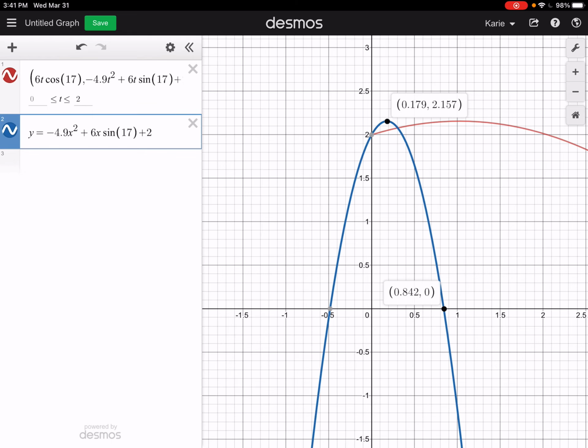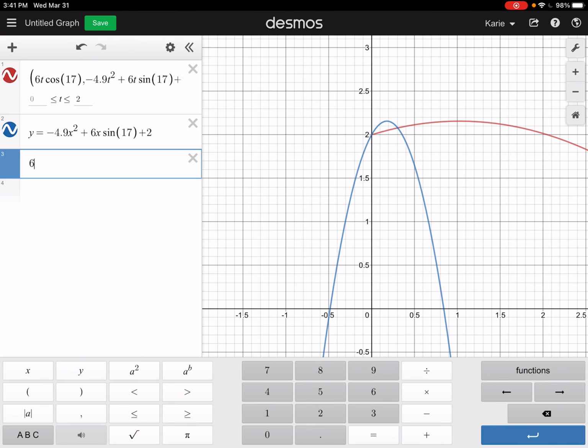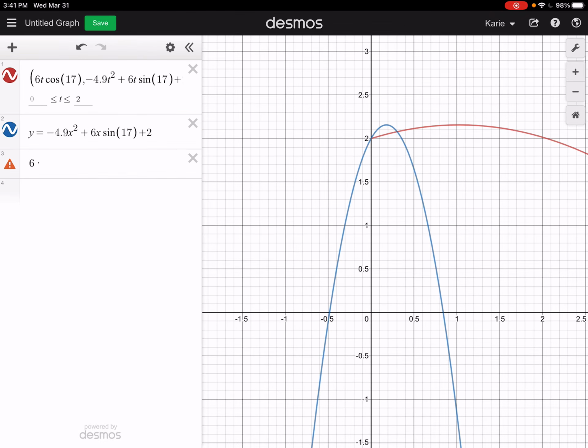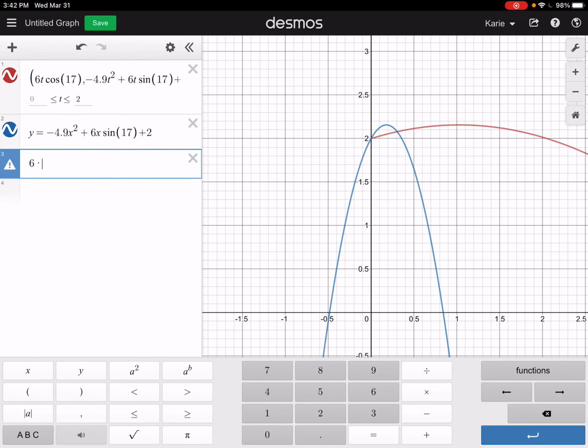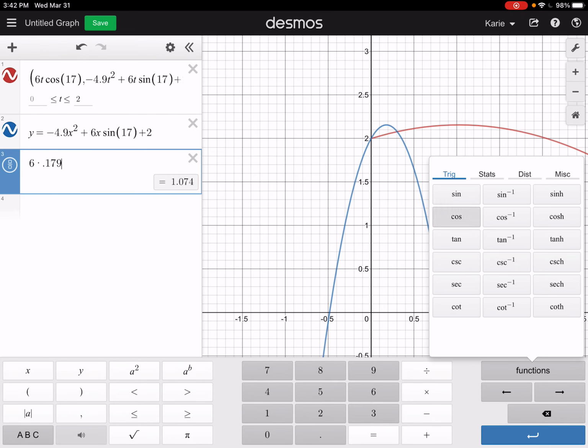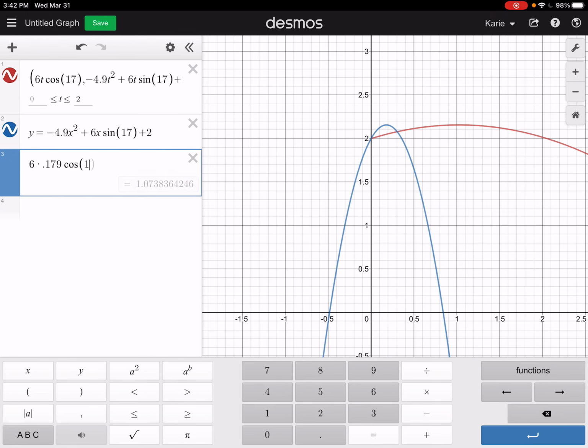What I can do is say, well, 6 times, oh, I just forgot the number, 0.179. Okay, so 6 times 0.179 times cosine of 17, that will give, 17, there we go. That will tell me roughly how far down the field I am at this x value at that time when it's the highest.